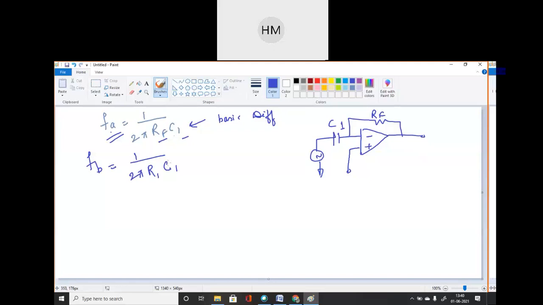ठीक है, and now I am drawing one diagram over here for frequency response. You can draw it in your copy because from this only you will come to know the logic I am telling you about the frequencies.